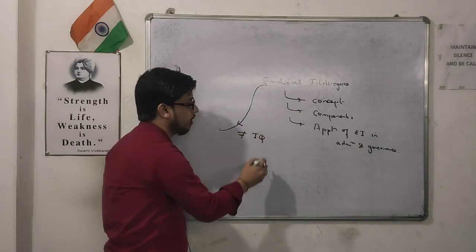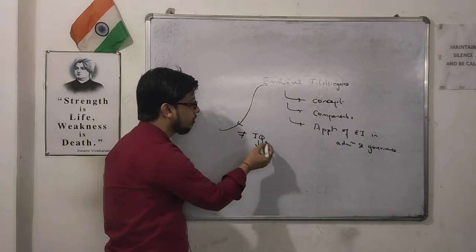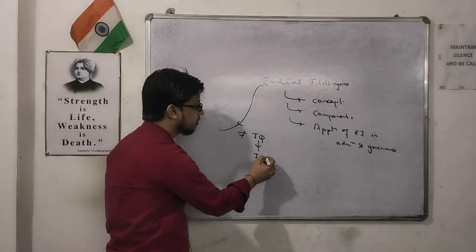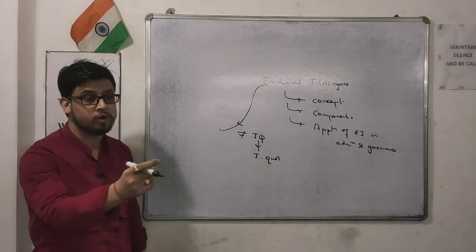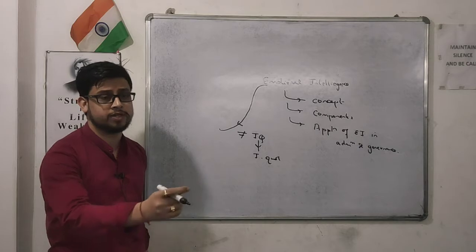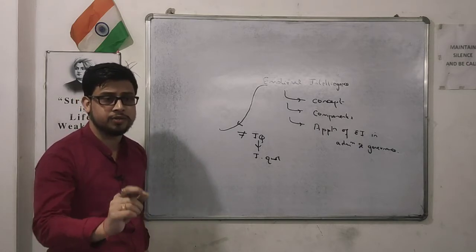Yes. Because IQ, what is the full form of IQ? Intelligence quotient is all about your mental ability to solve the problems in the most effective manner, in the most time-efficient manner. That is called your IQ.